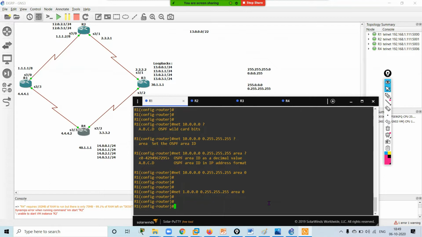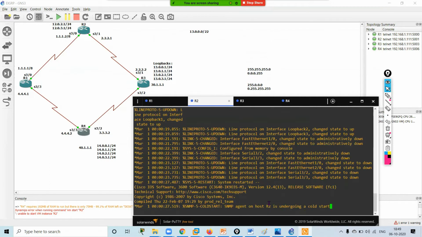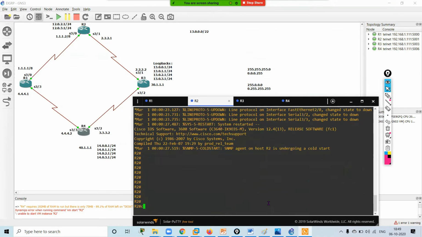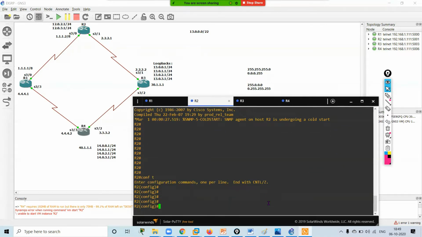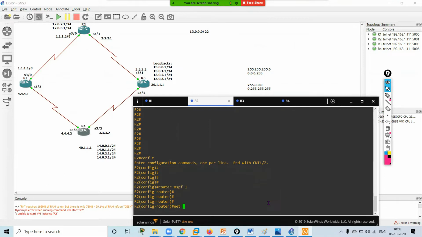I'm not advertising the loopback. On router 2, router OSPF 1, network 20 dot network with the wildcard bits, area 0. Then the 1 dot network and 2 dot network.